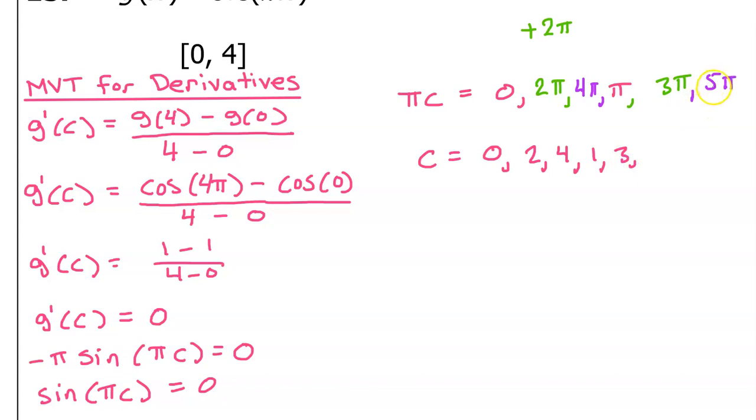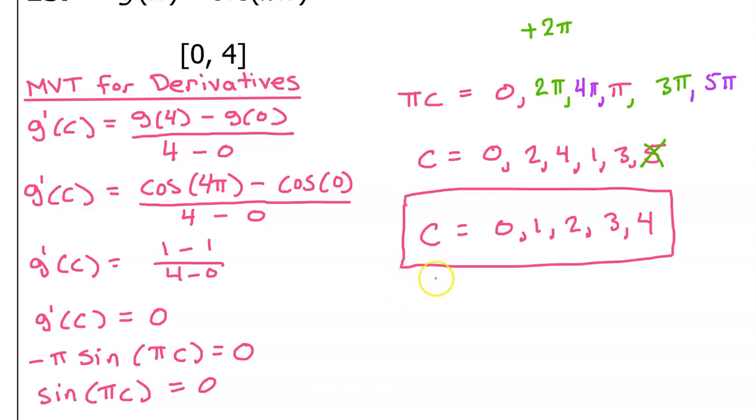And 5 pi divided by pi is 5. Now, clearly some of these are outside of the interval, so we will simply cross those out. We want all solutions between 0 and 4, so that's going to just leave out 5.